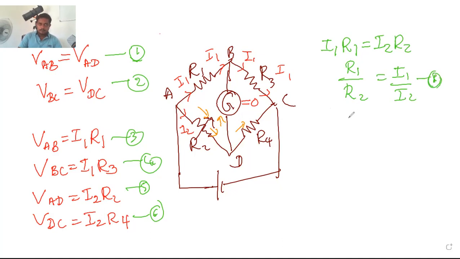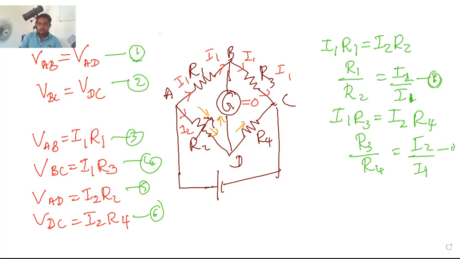For the second case, I can write I1 R3 is equal to I2 R4. So again I get R3 over R4 as I2 over I1. This is my equation number 2. You can see the right hand sides of these equations are the same.